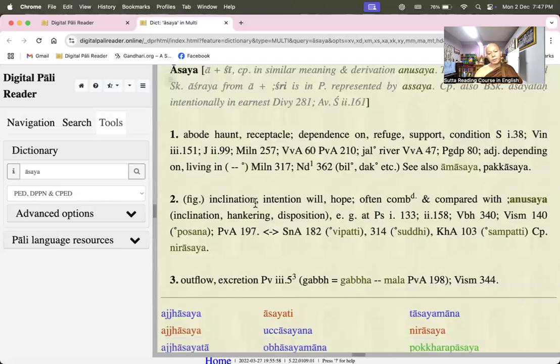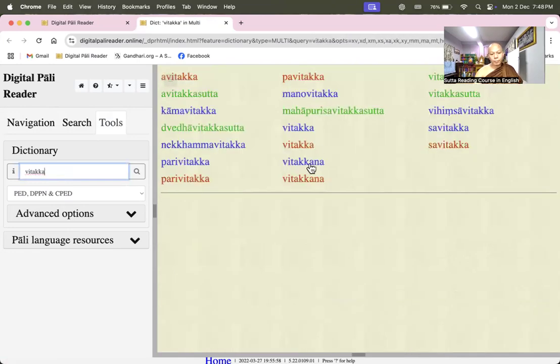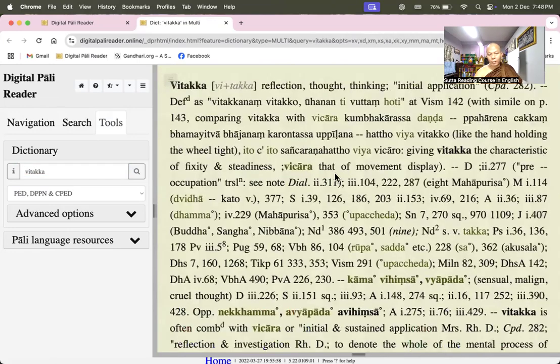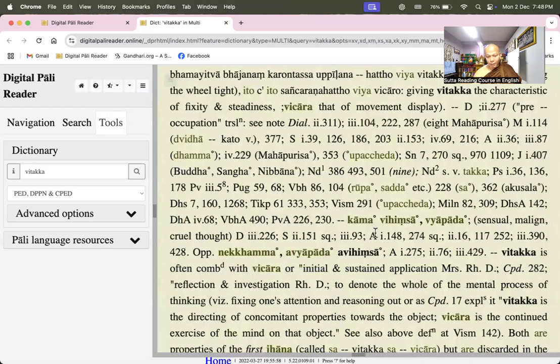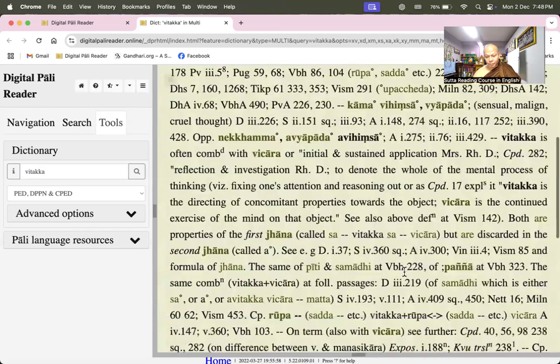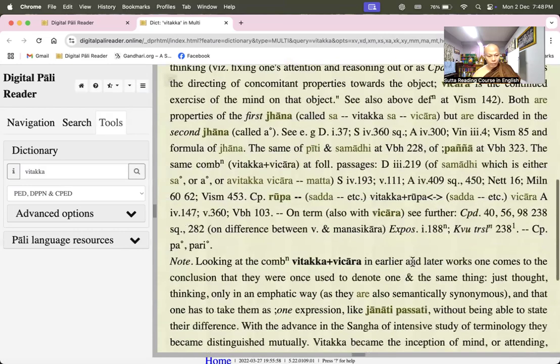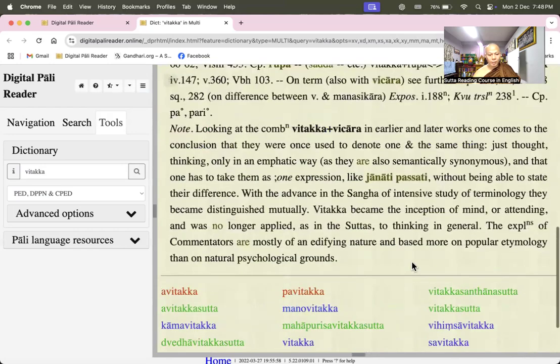But also inclination, intention, will or hope. Commonly, connected with anusaya, it means inclination. So joining with vitakka, vitakka and vicara are not included.